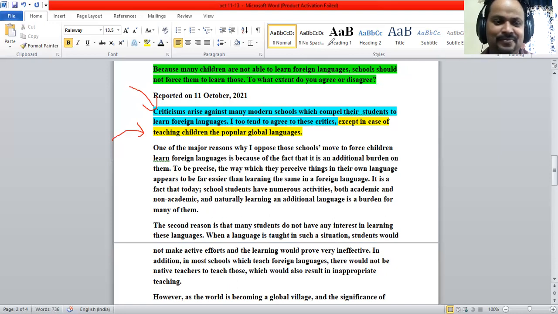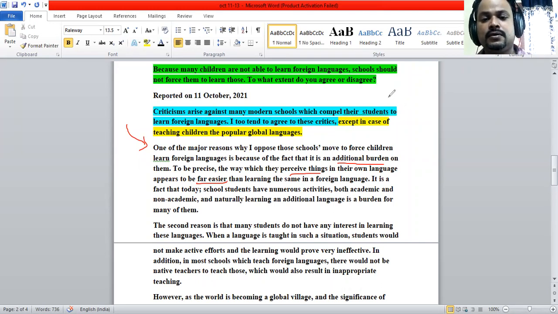because the first reason is that they have an additional burden. They already have burdens. They can perceive things in a far easier way in their own language than in a foreign language.